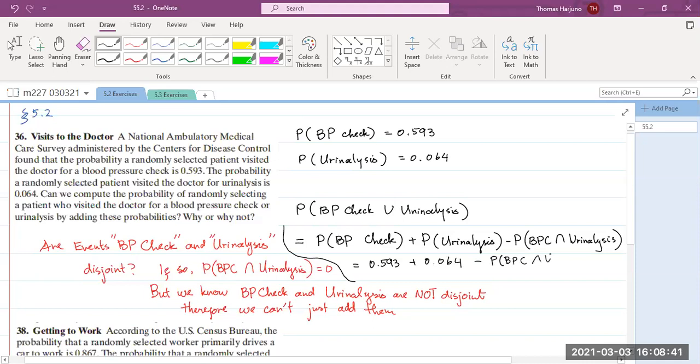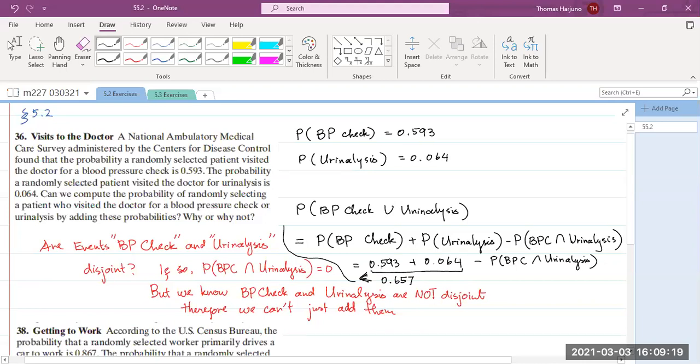With that, we know that the probability of a patient going for a blood pressure check or urinalysis must be less than the sum of these two numbers, 0.657. It is not 0.657, okay?